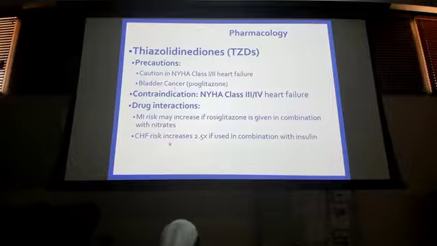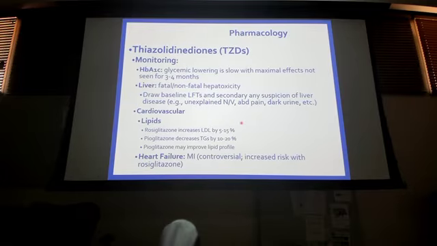And then your interactions, again, increasing the risk of somebody who has heart failure, right? I could cause them to have an exacerbation, and somebody who has an MI, I could potentially have them have another one. So this is more so seen with your rosiglitazone, okay? Monitoring, duh, right? We're monitoring their A1C as they continue to come in to see us with any of the meds that they're taking for diabetes.